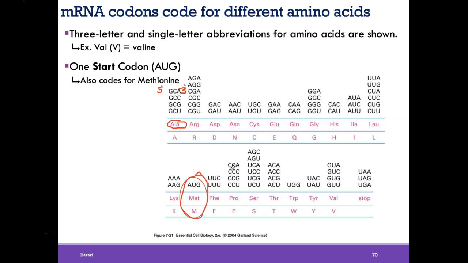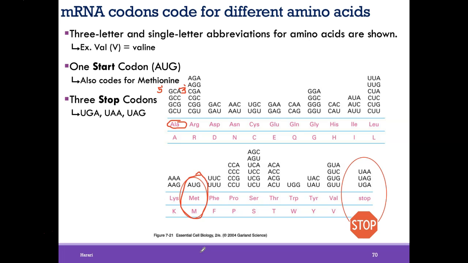Right? So AUG also codes for methionine if it's in the middle of a transcript. There are 3 stop codons, UAA, UAG, and UGA, that encode for the end of a protein. The other 61 codons are for amino acids. Right, so we have 3 stop codons and 61 codons for amino acids, giving us 64 total.